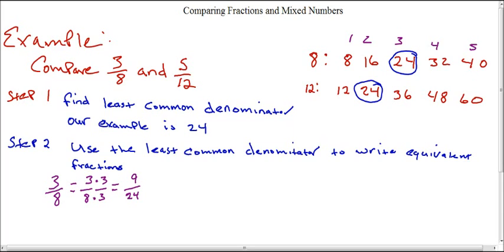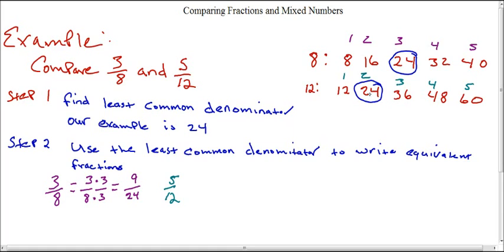Okay, so now let's take a look at 5 over 12.